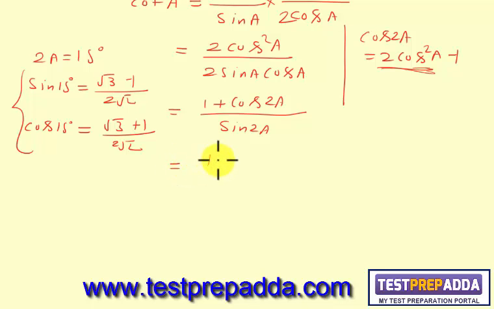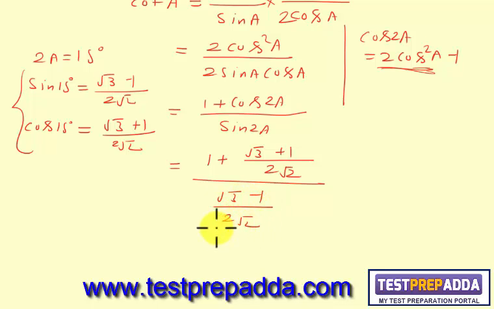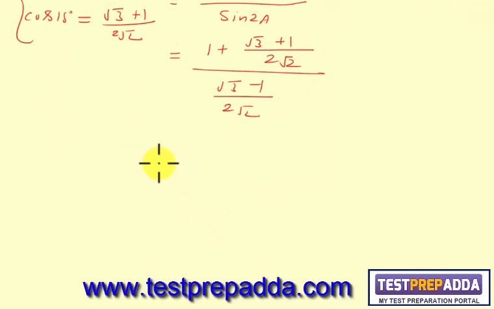So it becomes 1 plus root 3 plus 1 upon 2 root 2, upon root 3 minus 1 by 2 root 2. Now if I solve, it will be 2 root 2 plus root 3 plus 1 upon root 3 minus 1.